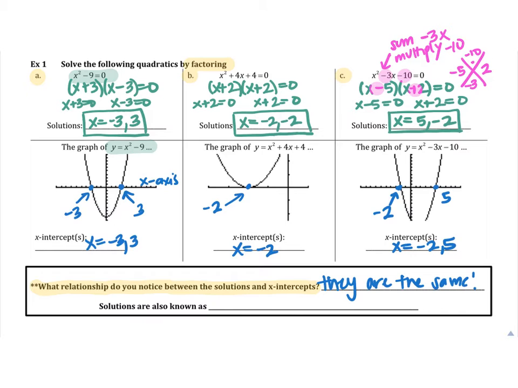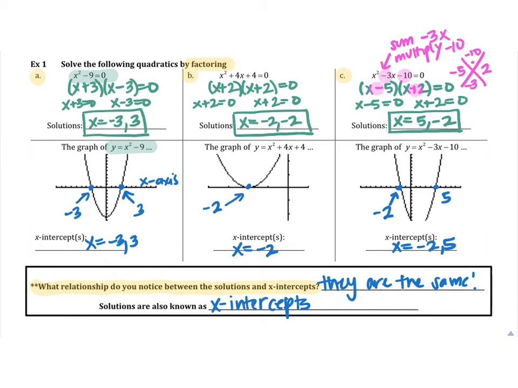I know I kind of revealed this in some factoring notes, but the solutions and the x-intercepts are the same. So we can solve by graphing by looking at the x-intercepts. Some of these words are interchangeable.